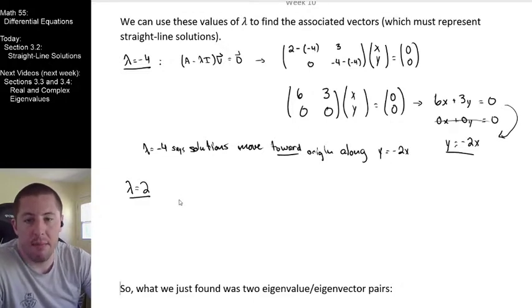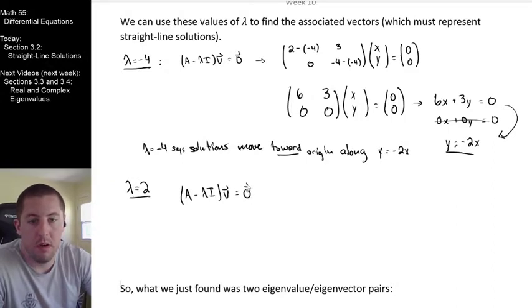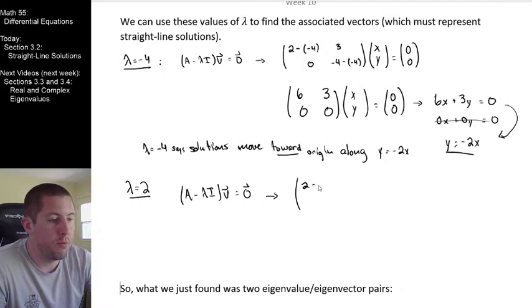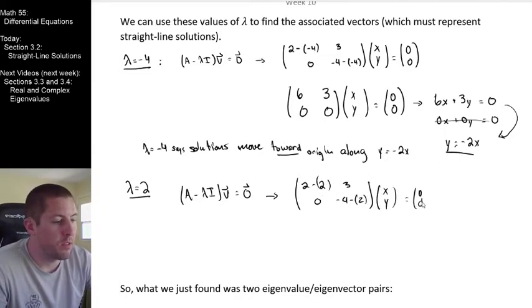So again, our same statement right here says A minus lambda I times v equals 0 is going to be rewritten by me as, and again, just these negative 4s that are right here, we're swapping those out for positive 2s now. So now I'm going to get 2 minus 2, 3, 0, negative 4 minus 2 times x y equals 0, 0.